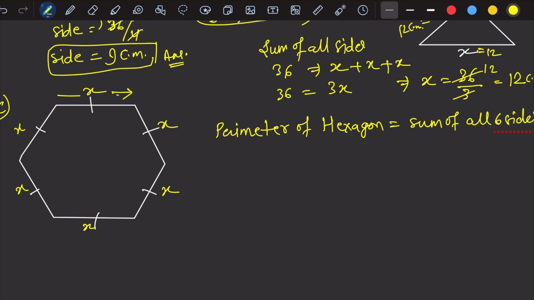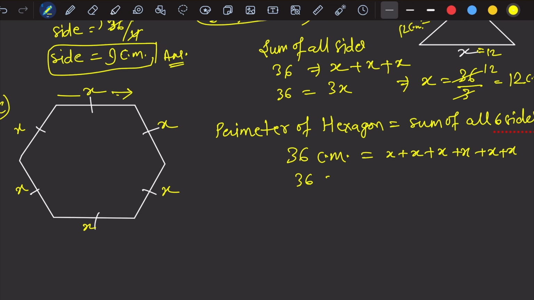So the perimeter of the hexagon will be 36 centimeter. And what will be the sum of the six sides? x plus x plus x plus x plus x plus x, six times we add all the sides.